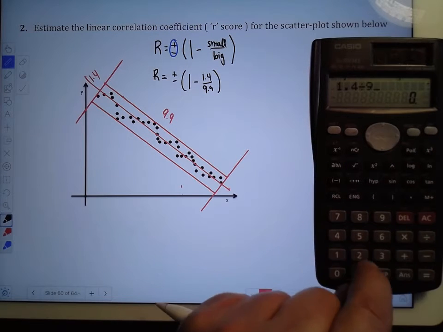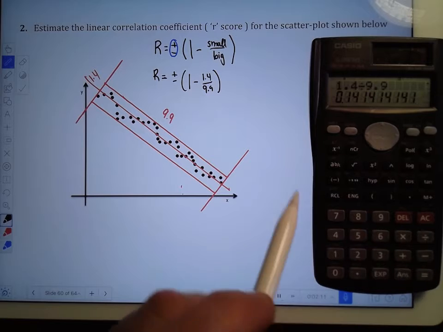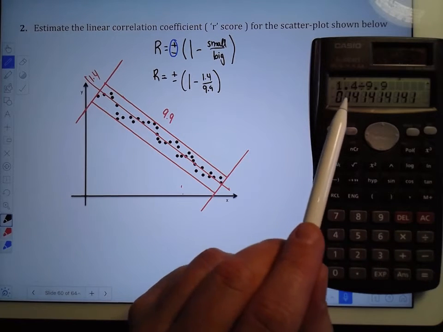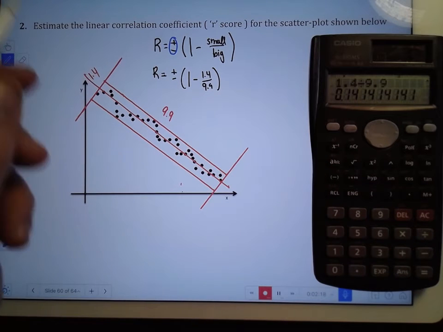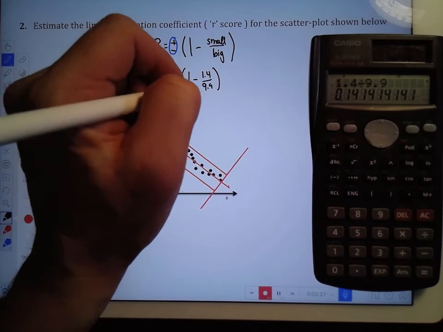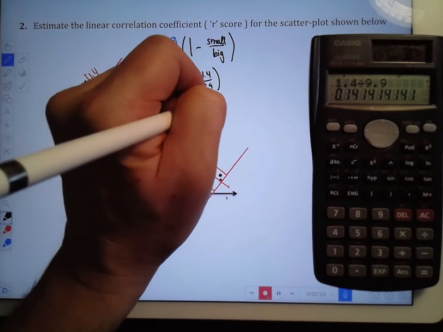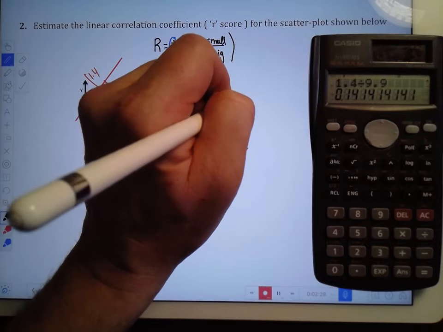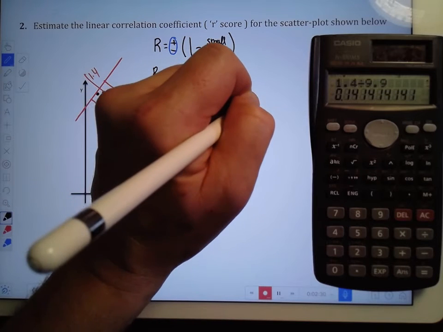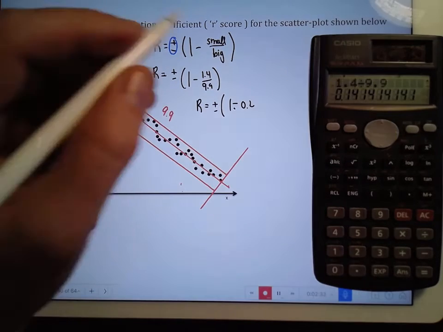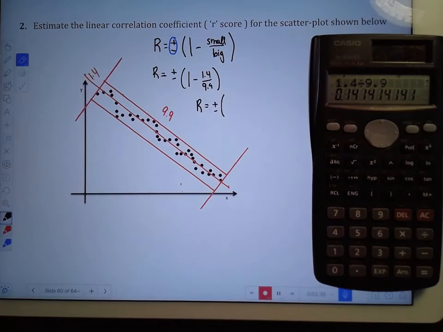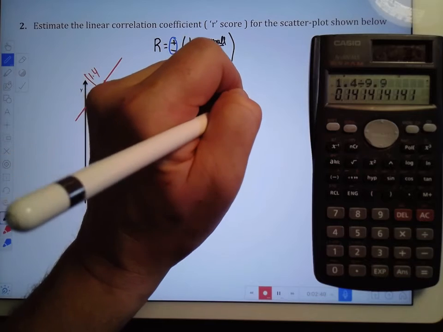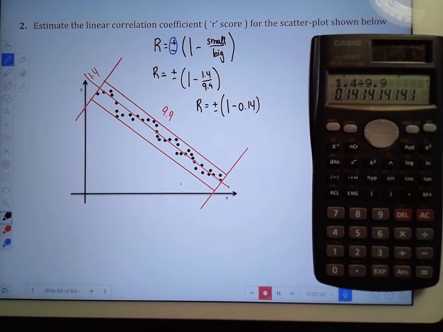1.4 divided by 9.9 is equal to 0.141. So we'll round to 2 decimal places, 0.14. R is equal to plus or minus 1 minus 0.14.